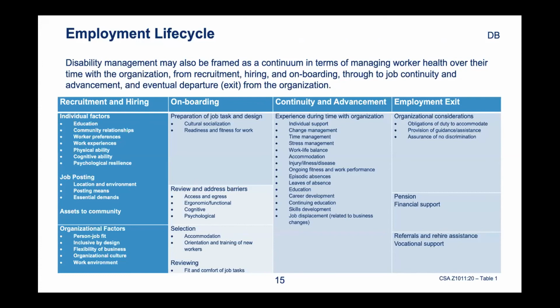You're looking at practices from recruitment, hiring, and onboarding through to job continuity and advancement to eventual departure from the organization. And this table highlights the relevant considerations for work disability management at each stage of employment, and we believe this is really important to consider when you are developing your work disability management system process.